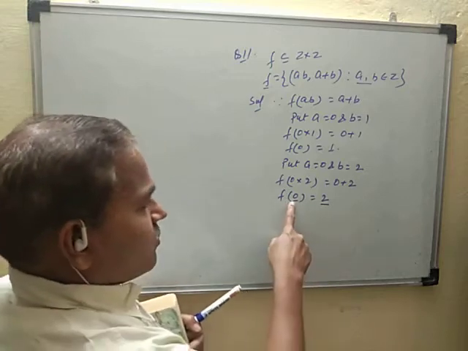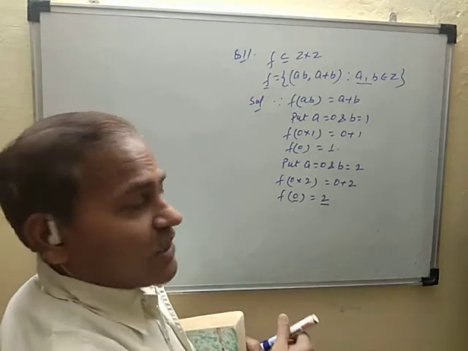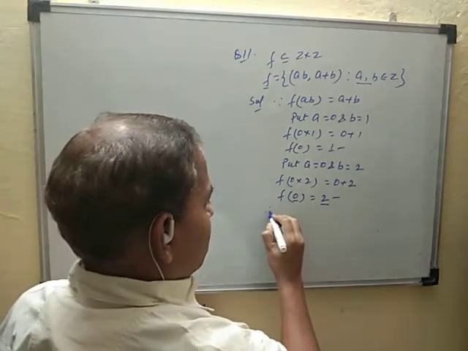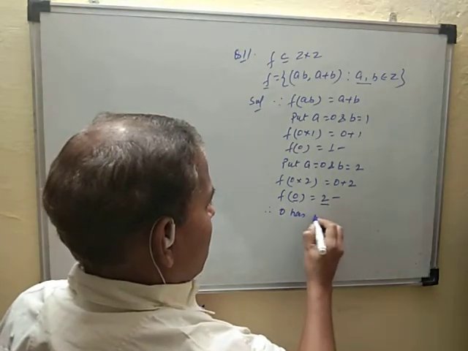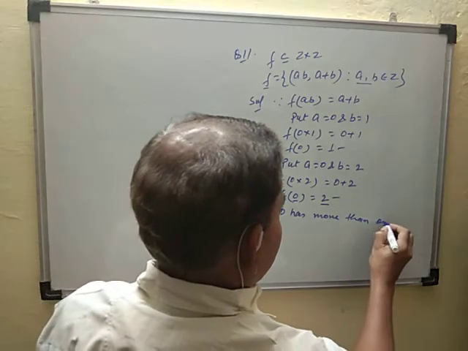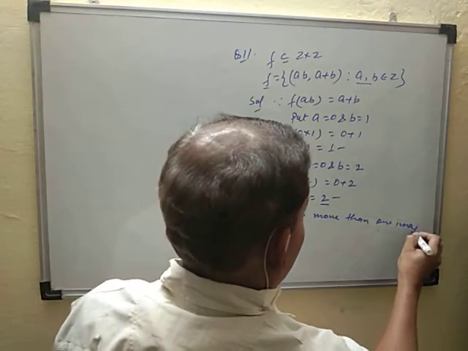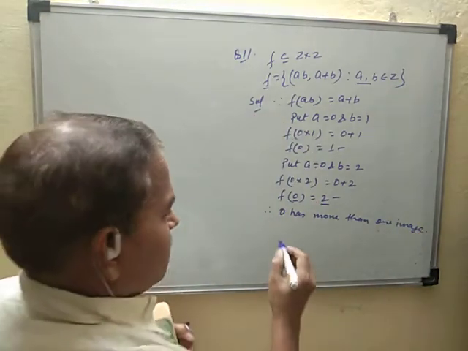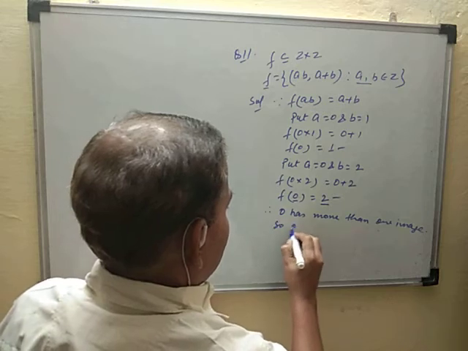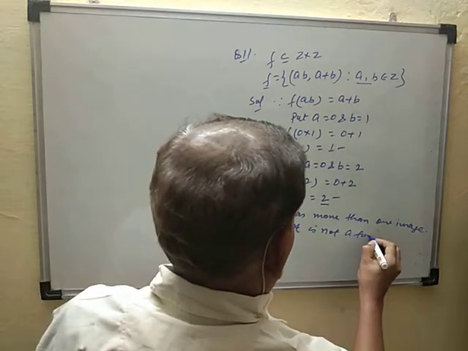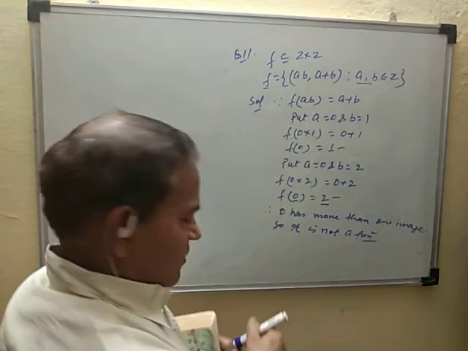So 0 has more than one image, here 1 and 2 also. Therefore 0 has more than one image, so it is not a function. This will not be a function.